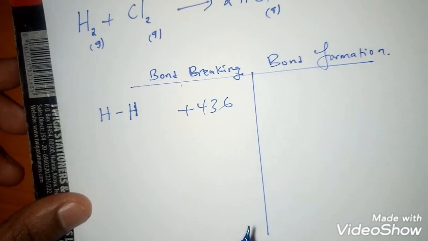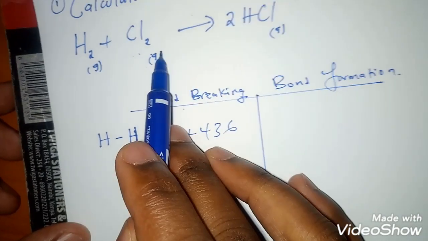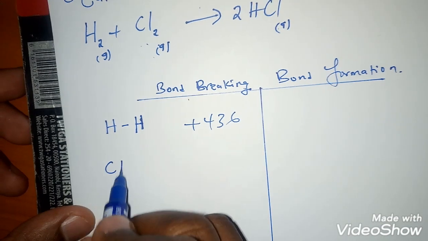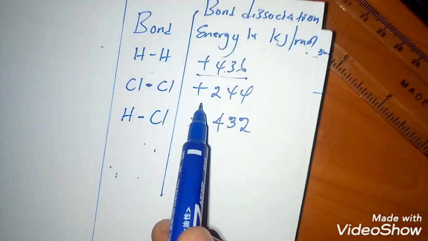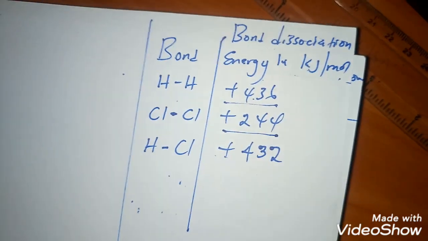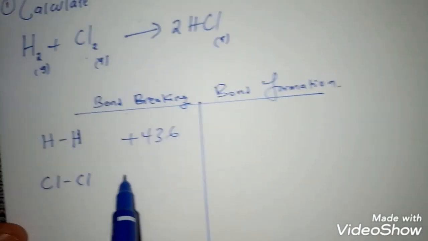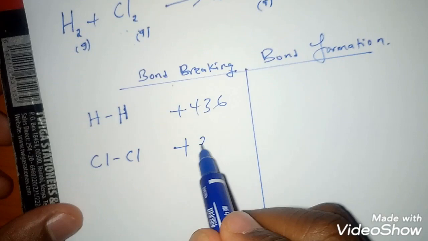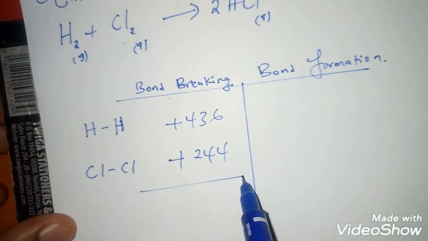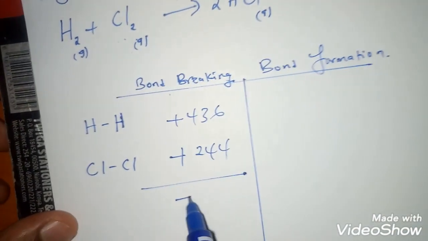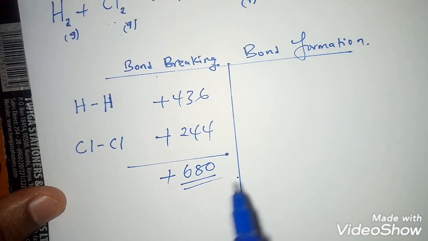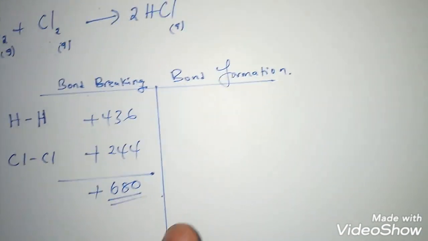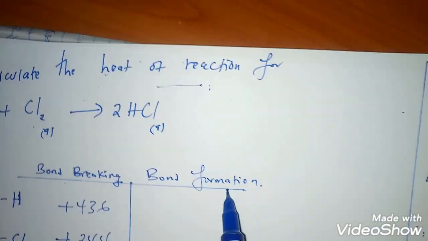Another bond that is being broken is the chlorine-chlorine bond. You take it as it is because that is the bond breaking energy, which is positive 244. You get the total. The total is positive 680 kilojoules per mole.